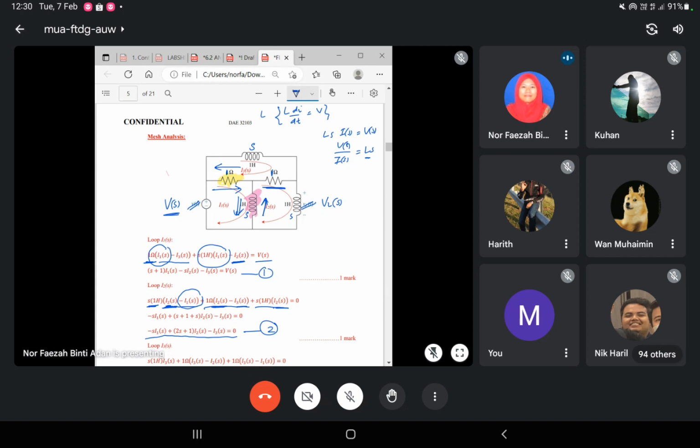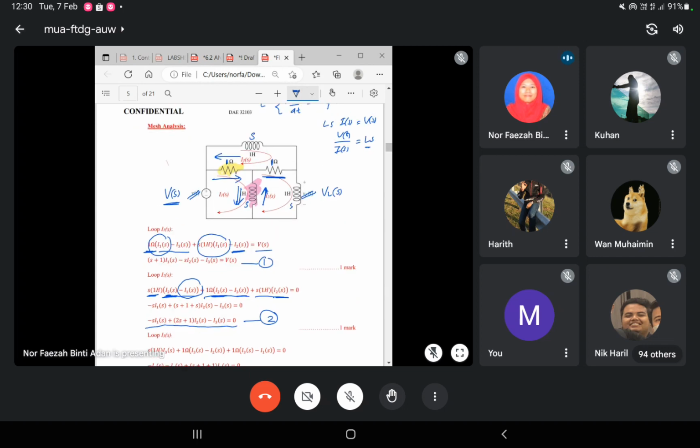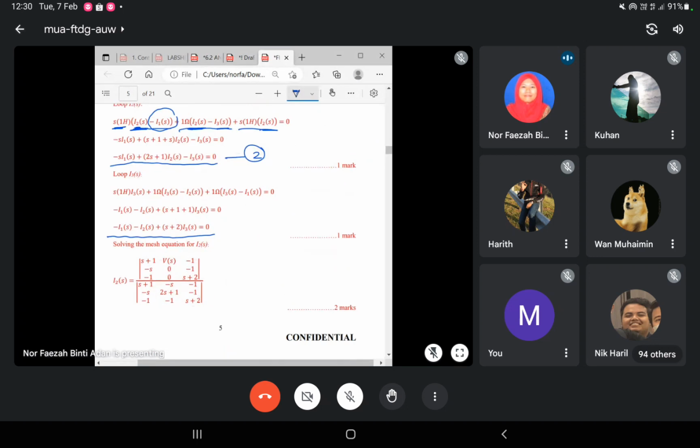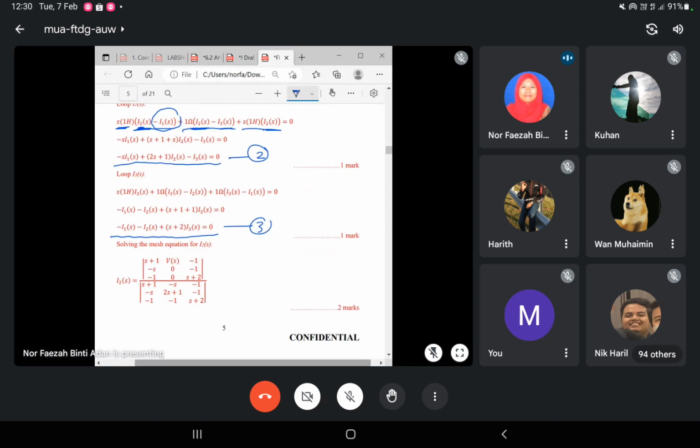So S I3, and then tambah resistor yang pertama, I3 tolak I2, and then resistor number 2, I3 tolak I1. Again, rearrange into I1, I2, I3. Rearrange jadi equation 3 you.